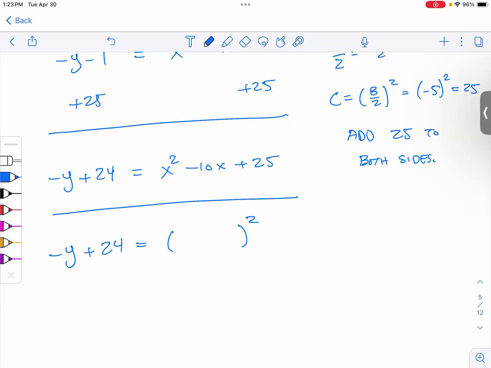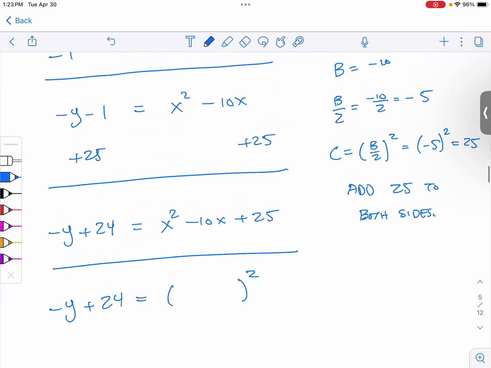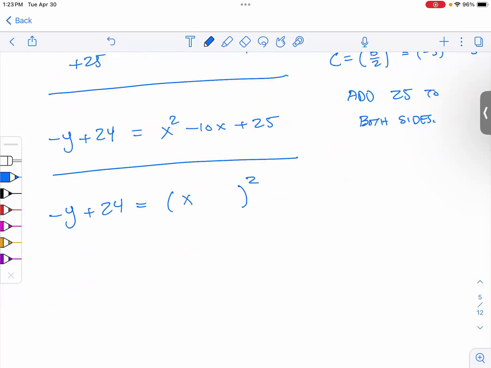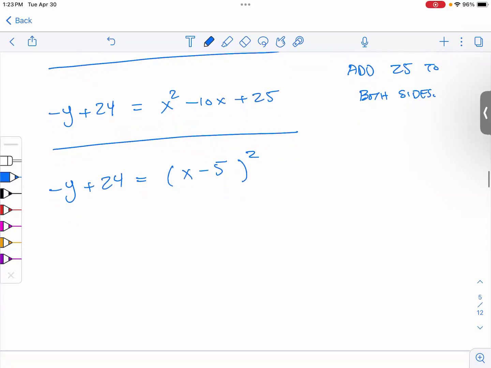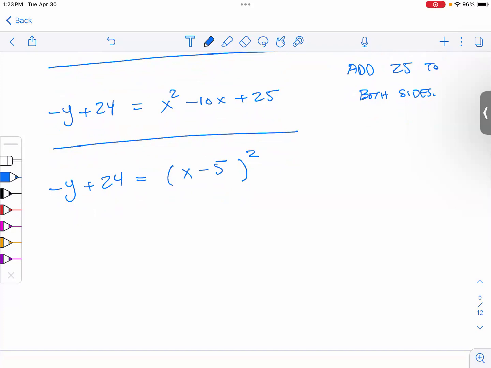And we can still then identify what we're looking at. All right. So then my b over 2, which I lost, which is -5. So that is x minus 5 quantity squared. And once I'm here, then I proceed to bring everything back. And it doesn't seem too hard, minus 24 from both sides.